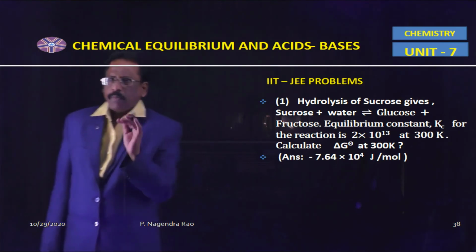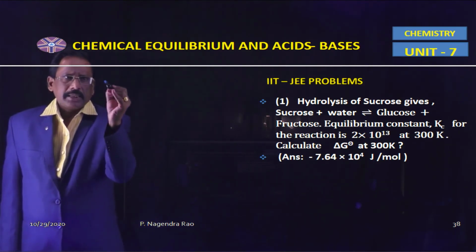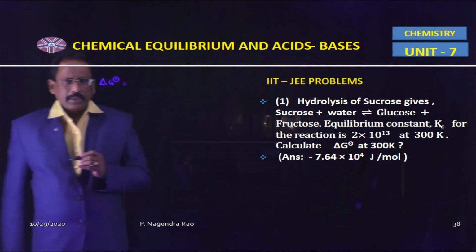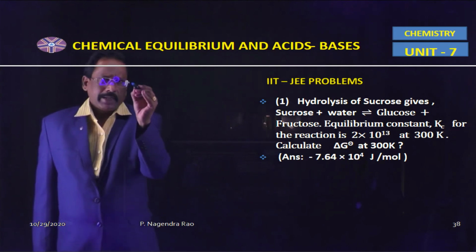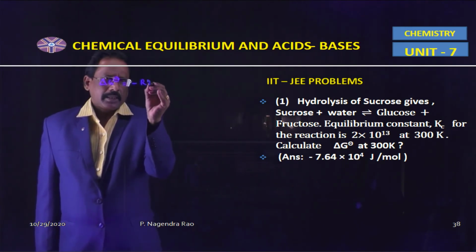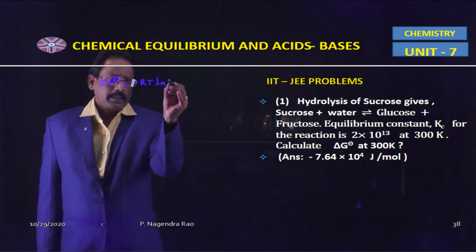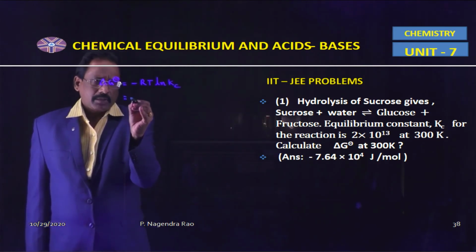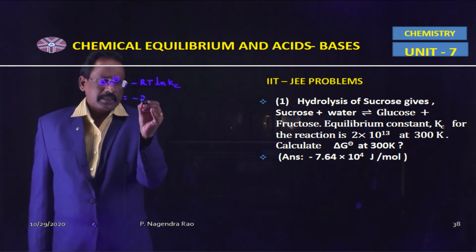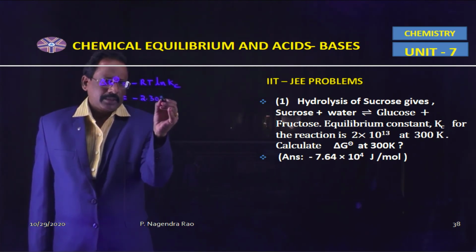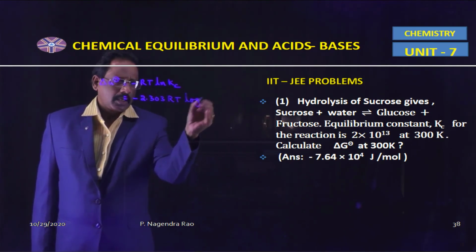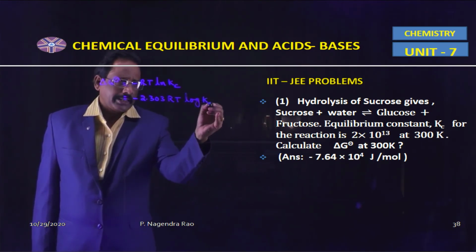Now the formula is delta G is equal to minus RT ln Kc, or this is also equal to minus 2.303 RT log Kc.